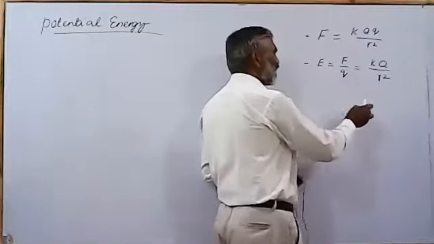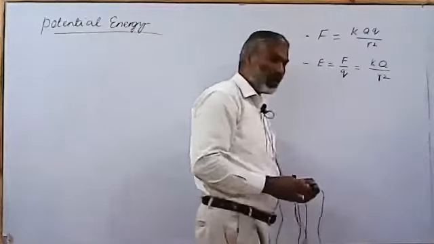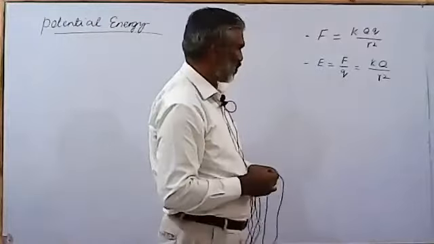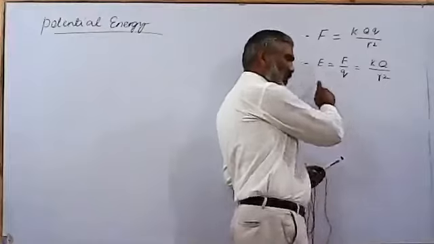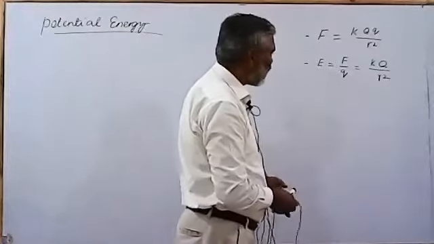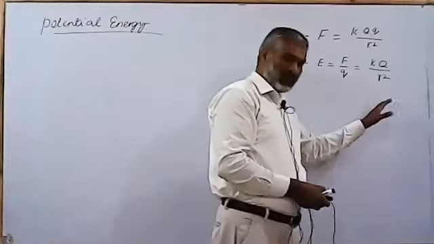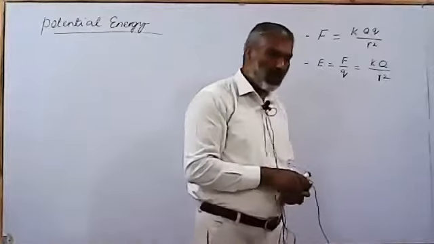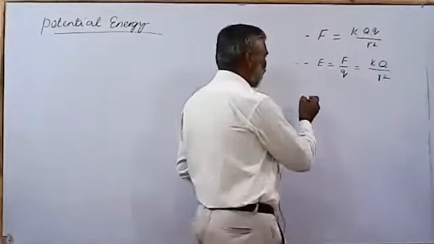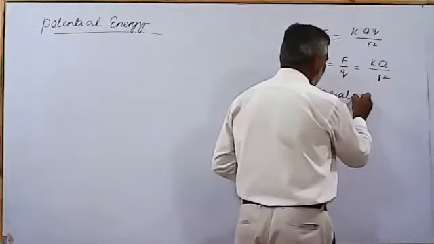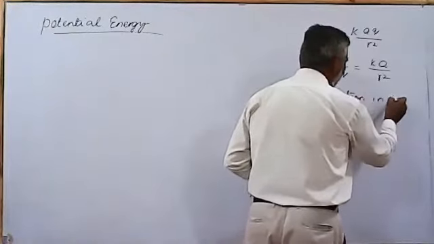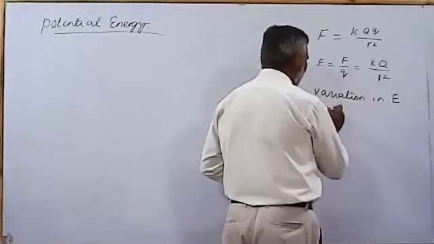Its strength is given at any position R from the charge Q. So a charge Q has an electric field E at any position R. We have discussed in various situations the variation in E with R.